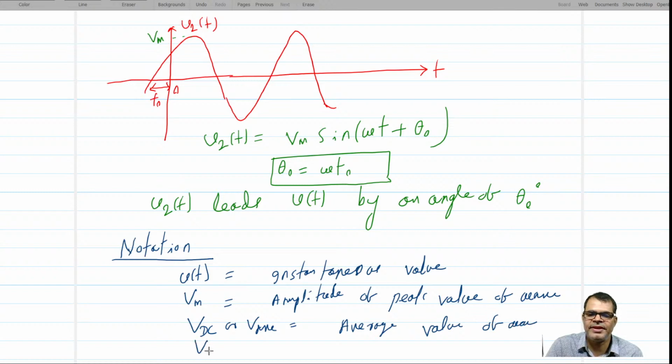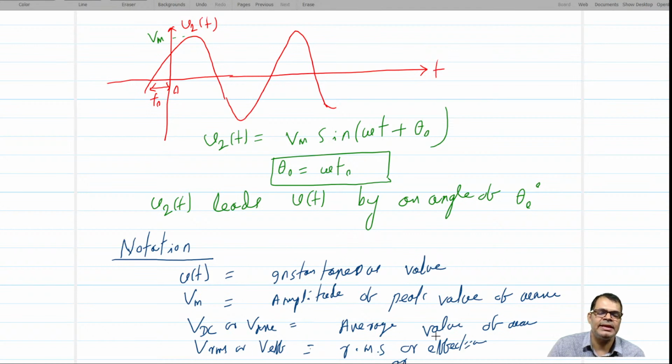Then VRMS or V effective, this is called the RMS value, RMS or effective, or another term you know, the heating value of the wave.